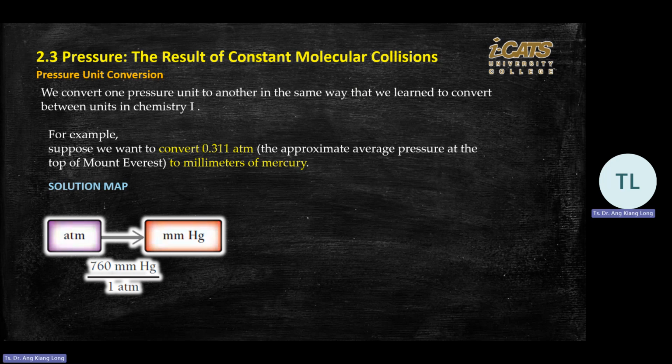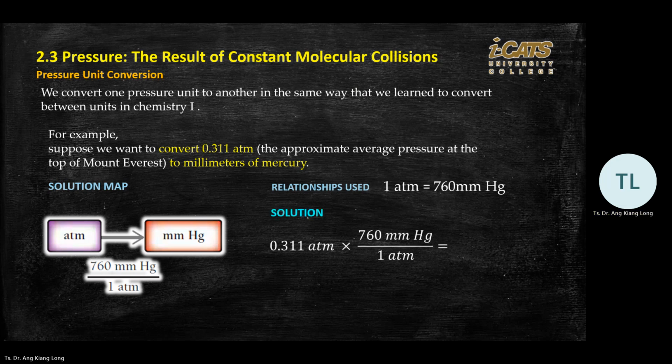Sometimes in the question, if you write this simple equation in your answer, it also has marks. So for the relationship, you write 0.311 atm multiplied by the equation. You simplify, remove the atm, and you'll get the mercury height in mm.